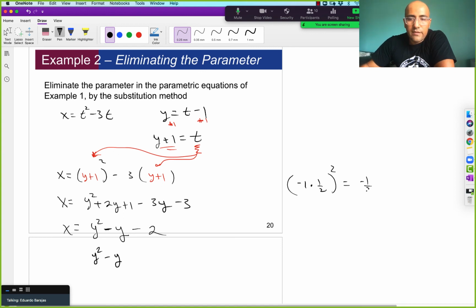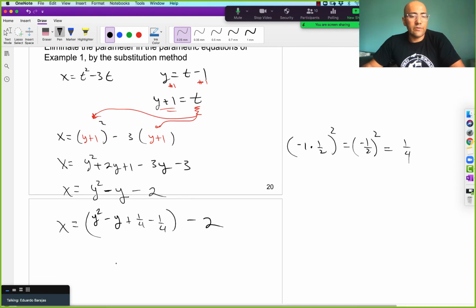That's going to be minus 1/2 squared, which is equal to positive 1/4. So we'd want to add 1/4, subtract 1/4, minus 2. Then that guarantees the first 3 terms are perfect square trinomials.